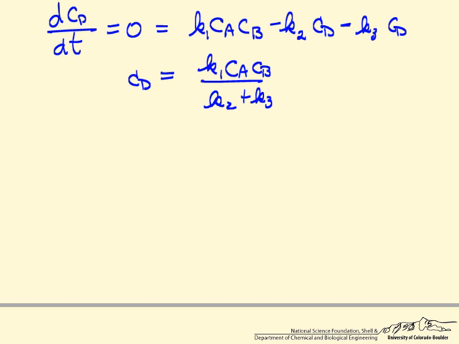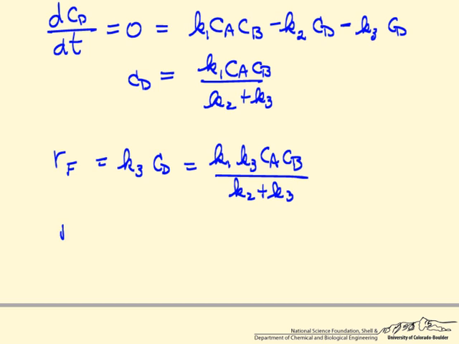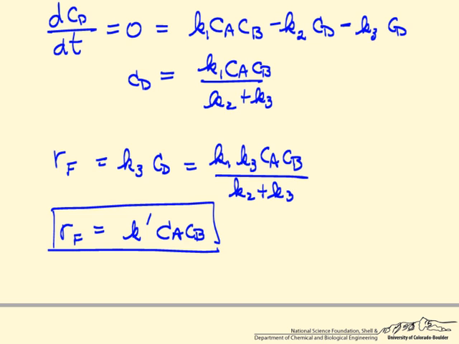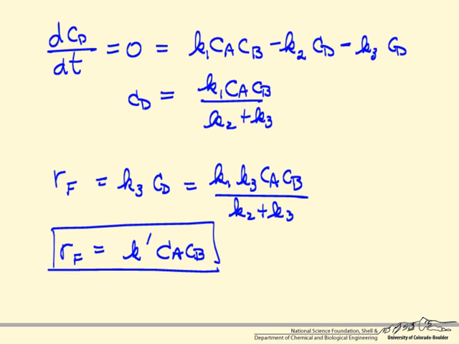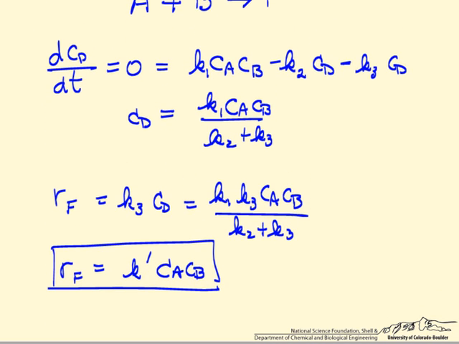For example, the rate of forming the product F is k3 times the concentration of D, so k1, k3, concentrations of A and B. So this means for the rate of formation of product, we expect some rate constant, which of course in general we have to measure, and first order in A and first order in B. So use the reaction mechanism and the steady state approximation. This is how we expect the rate of product formation to depend on the concentration of A and B.